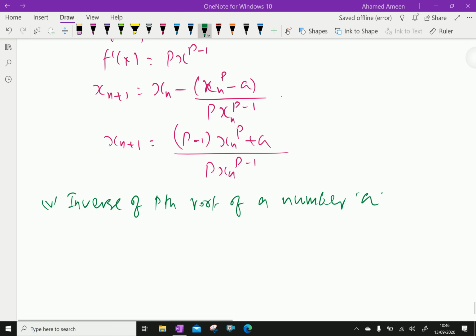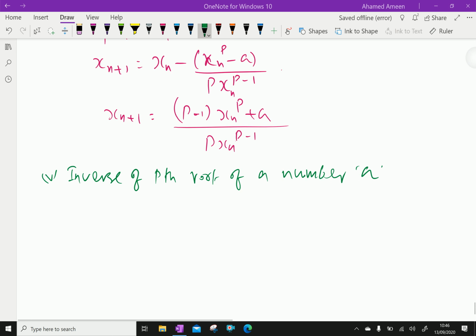That is, we can take the reciprocal, the inverse of the pth root, as your f of x. f of x is 1 over x power p minus a equals 0.